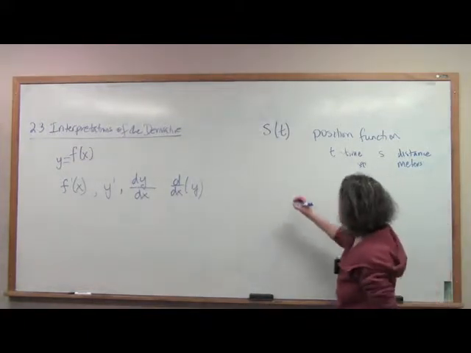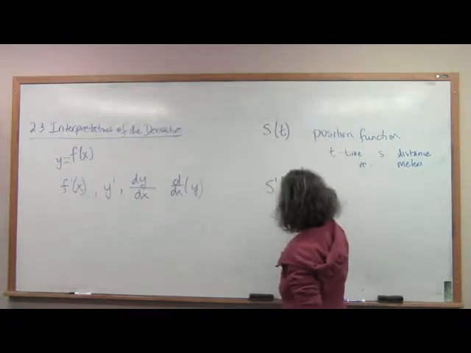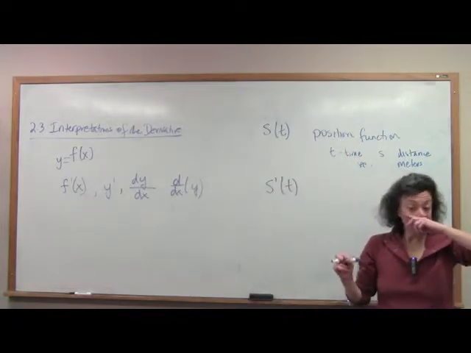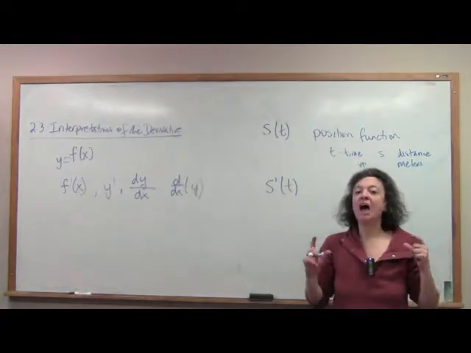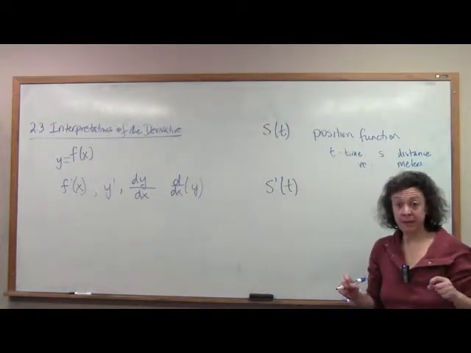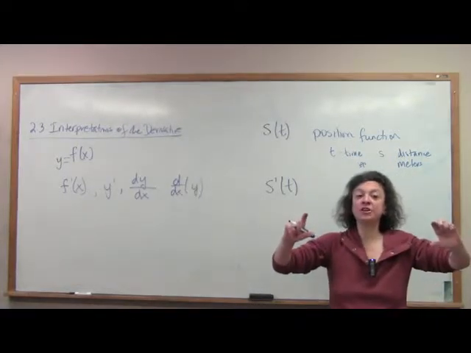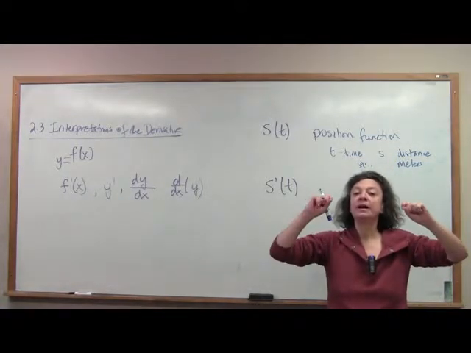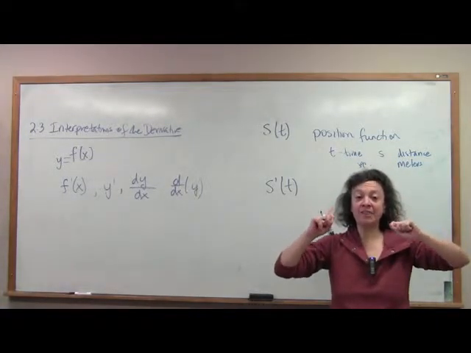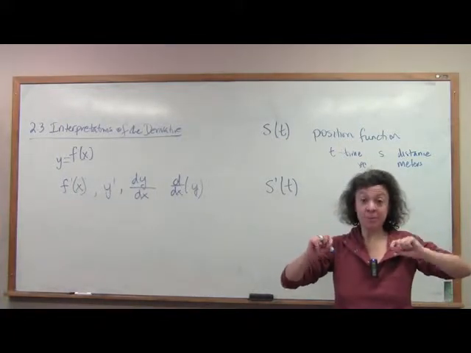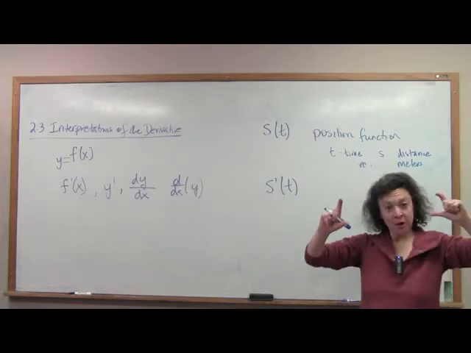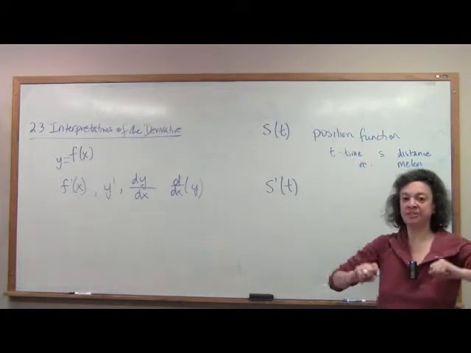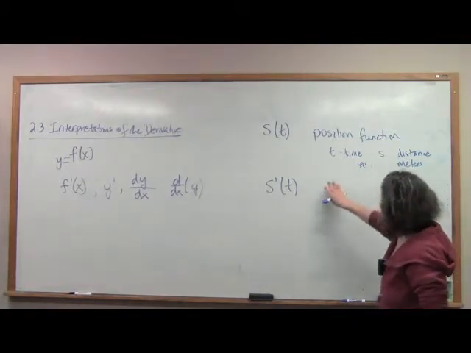Okay? So, what does s prime of t mean? Remember, whenever you're doing these interpretations, you really want to hone in on units. The derivative of a function is the slope of the function at that point. The slope of the tangent line at that point. So, slope is change in y values over change in x values.